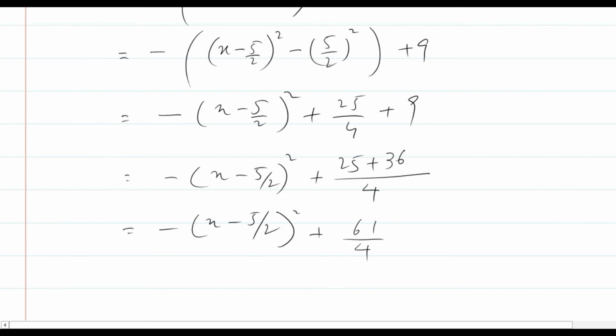On rearranging, you can get 61 over 4 minus x minus 5 over 2 whole square, and this is the required form.